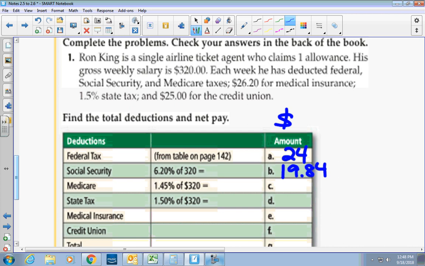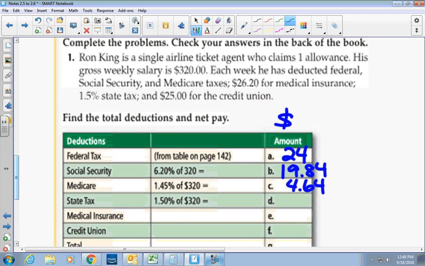Okay, calculator's up. Type in 320 times 1.45%. You got $4.64. State tax is 1.5%.